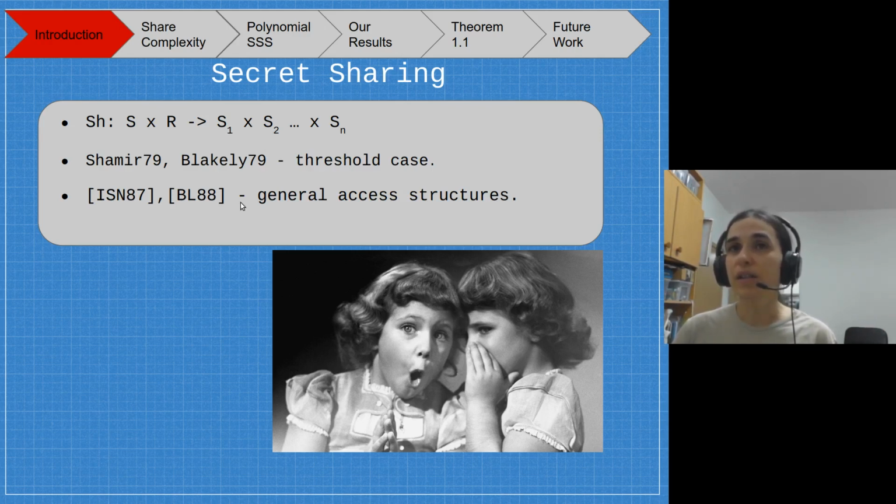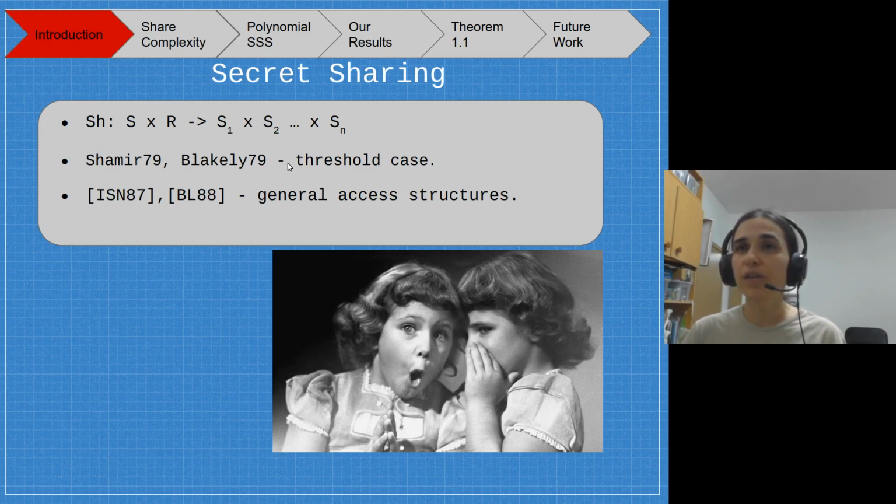This setting was introduced by Shamir and Blakley in the late 70s for the threshold case, where basically large subsets can recover and small subsets can't. For instance, all those having over a third of all parties can recover, while the rest can't. Their scheme, the Shamir scheme, is actually a family of schemes, one scheme for each threshold.